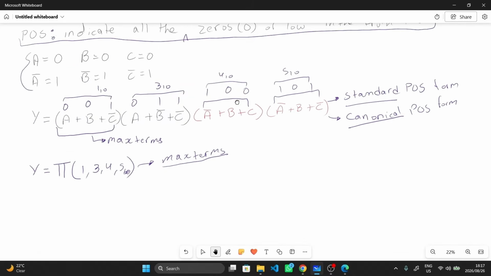Now let's try another example. In some cases, you're given an equation, maybe F with A, B, and C, and then you are given some SOP like this: 0, 4, 6, 7.